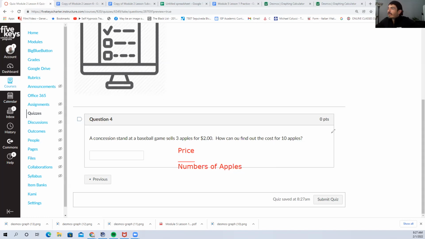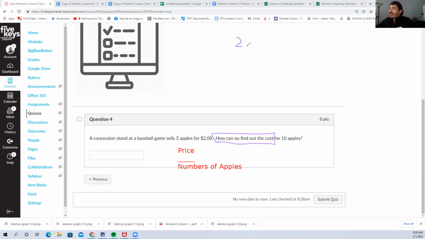I think the intuitive way would be the other way around, but I kind of want my variable to be in the numerator generally, and I'm looking for the cost. So that's why I put the price on top. Sorry, price and cost are the same thing. I should have written cost there.